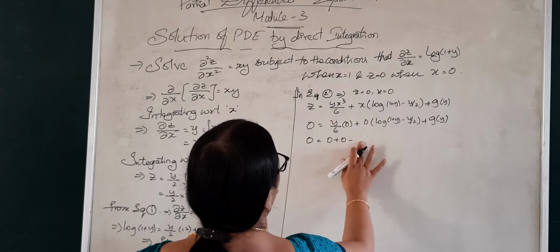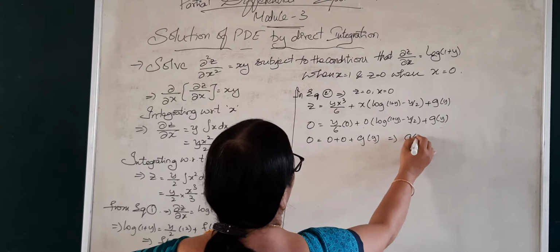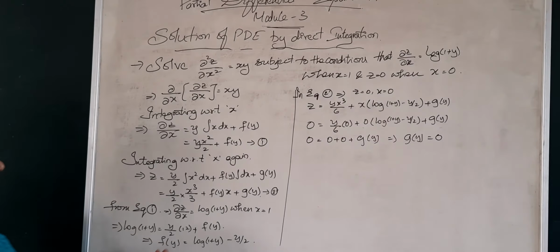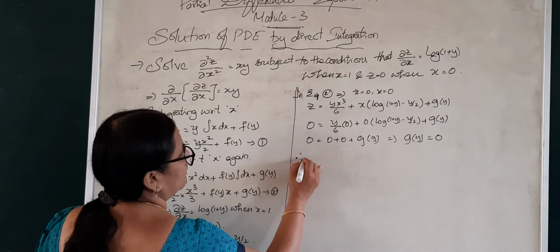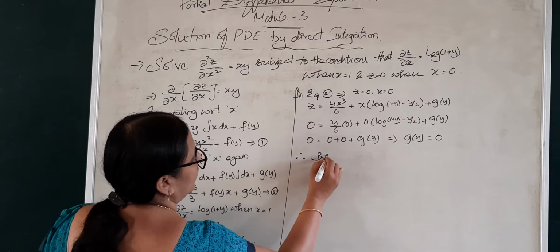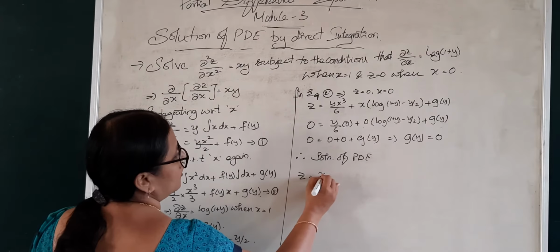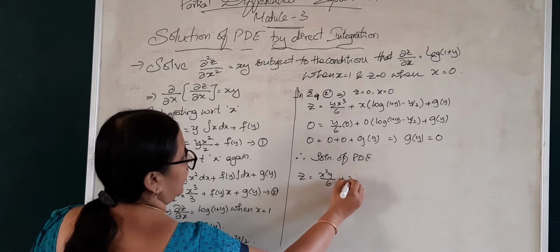So this is also g of y. So this implies our g of y is equal to 0. Okay. So substituting the values of f of y and g of y in this final equation, therefore the final solution of the PDE is given by z is equal to x cube y by 6 plus x into f of y, which is non-zero.